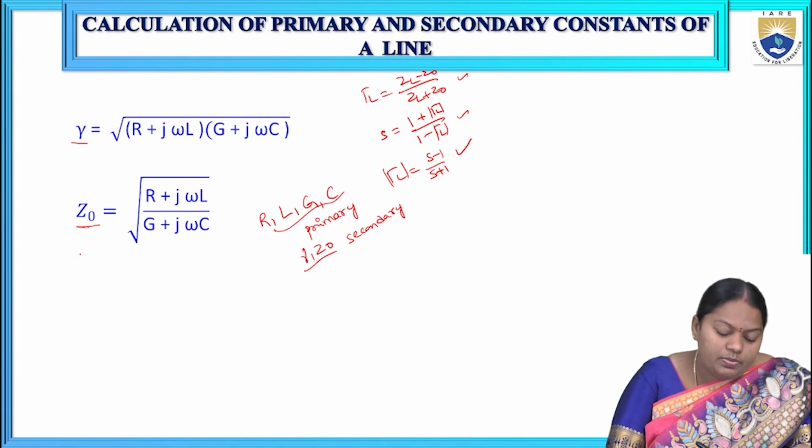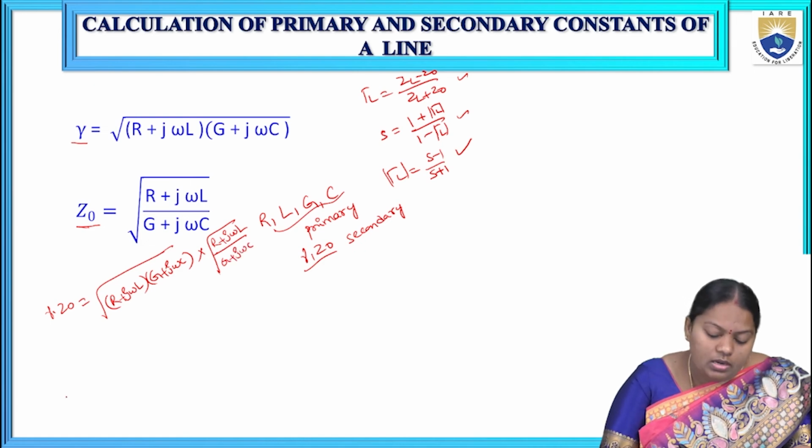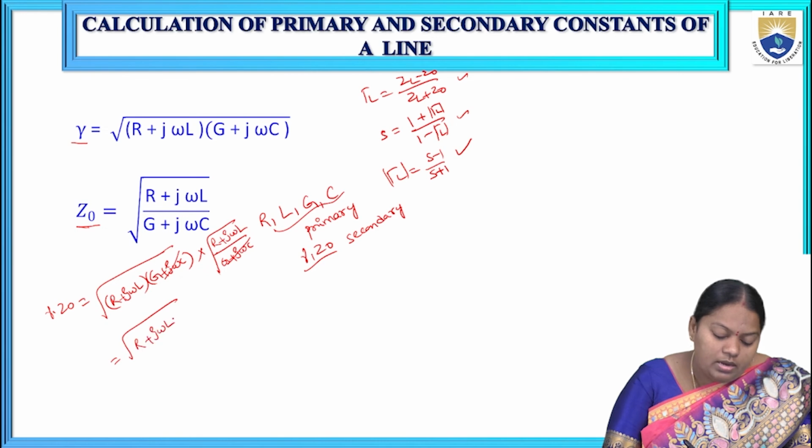Suppose these two are multiplied, gamma into Z0 gives us, what is gamma? Root over (R plus j omega L) into (G plus j omega C), times Z0, which is root over (R plus j omega L) by (G plus j omega C). Now here this (G plus j omega C) gets cancelled, which is equal to root over (R plus j omega L) into (R plus j omega L).